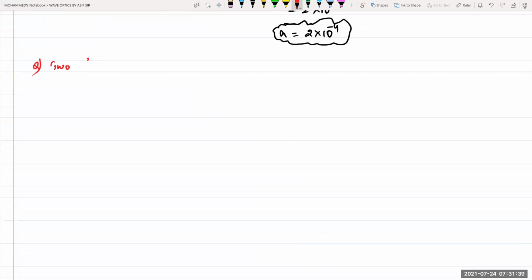Same example. We got two slits. Two slits are made 1 mm apart, and the screen is placed 1 meter away.